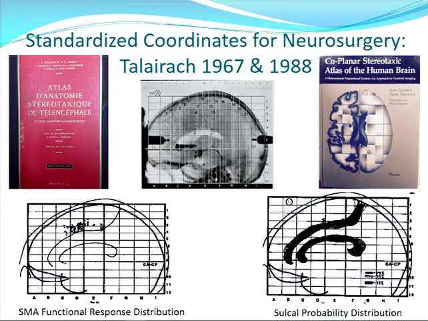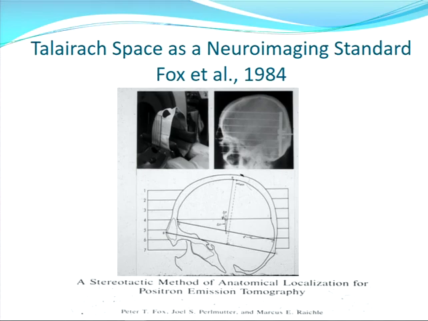Here we see some averaging, looking at SMA functional response distribution across multiple brains after normalization. And over here we see some sulcal probability maps. These are some early things, and these are two-dimensional projections, not what we're used to working with today with full 3D images. But we've based what we do now on these approaches.